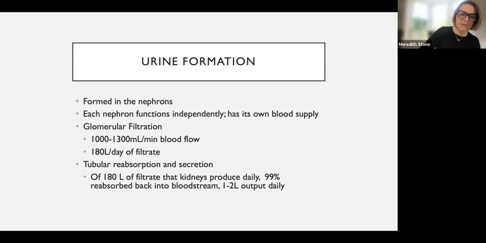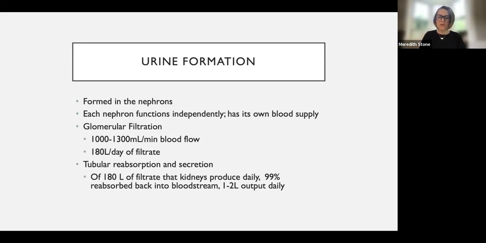So what needs to happen, right? And you can see this of 180 liters of filtrate that kidneys produce, right? 99% of it is reabsorbed back into the bloodstream, okay? So all that water comes back into our system. Remember, we have like 5 or 6 liters of fluid of blood, right? A lot of that is water, right? So all that water that we need to keep in the system, okay? But we do, about 1% of it lose through urine formation per day.